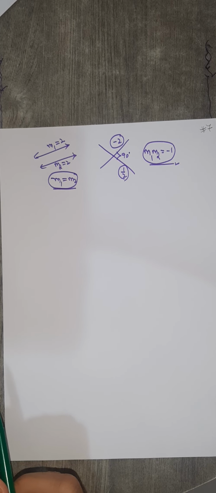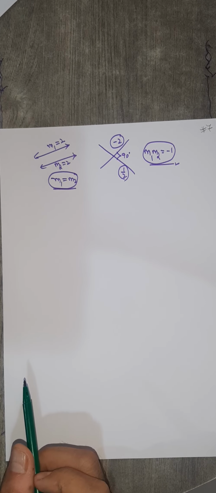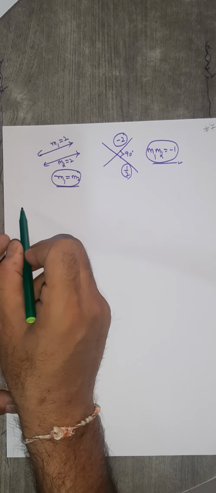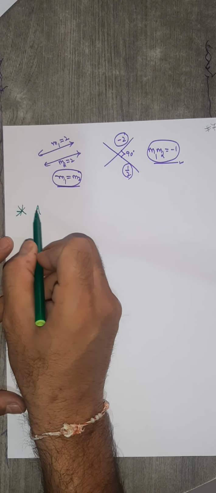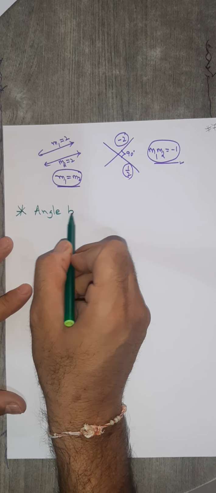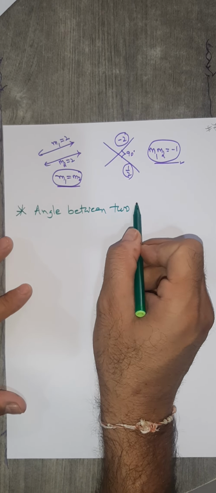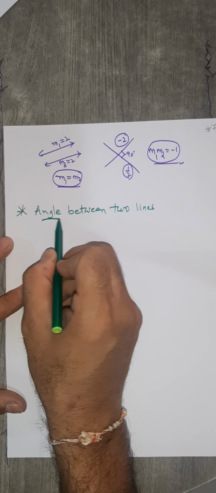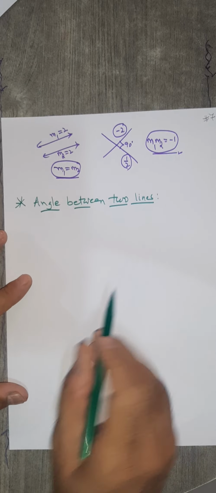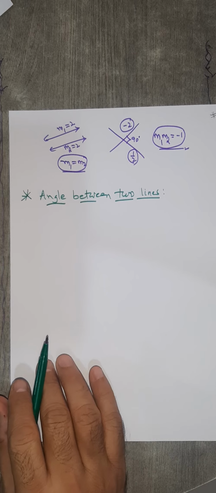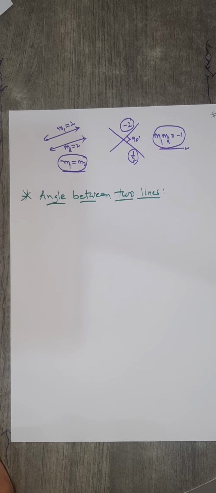Now the next point, we want to write the angle between two lines. We want to write the formula to get the angle between two lines.